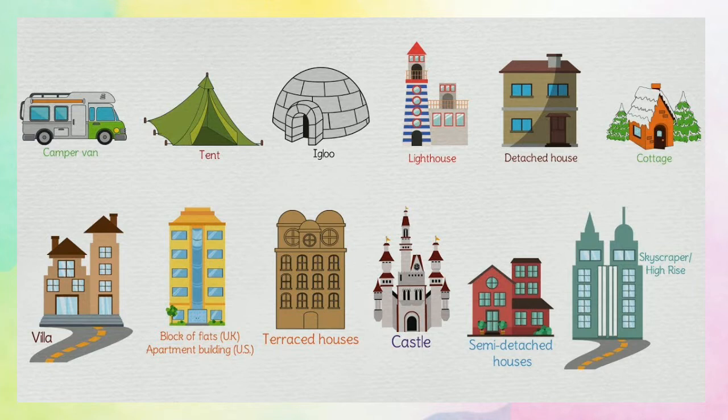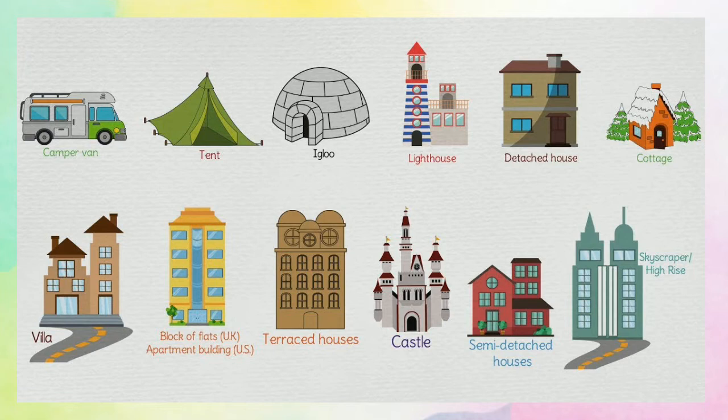Here we can see various types of houses like caravan, tent, igloo, lighthouse, castle, valley, houseboat, and many more.